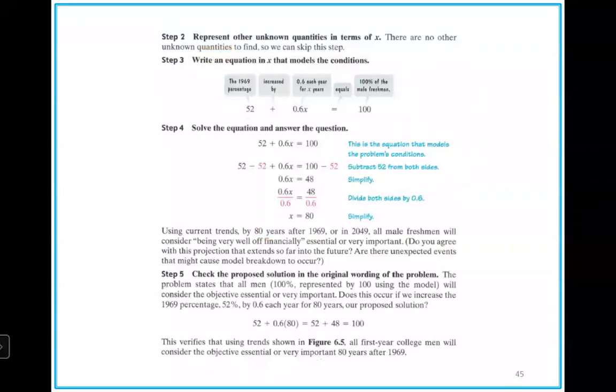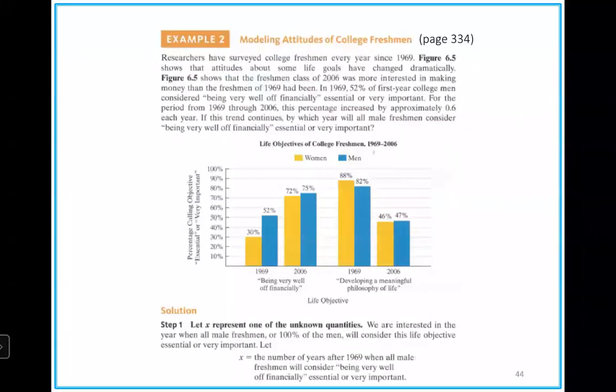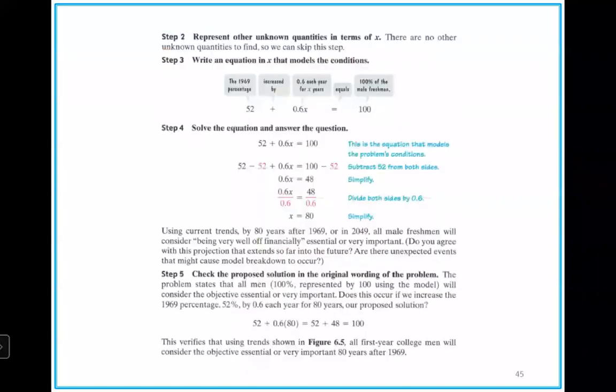Represent the other unknown quantities in terms of X. There are no other unknown quantities defined, so we can skip that step. Write an equation in terms of X that models the condition. So in 1969, it was 52%.